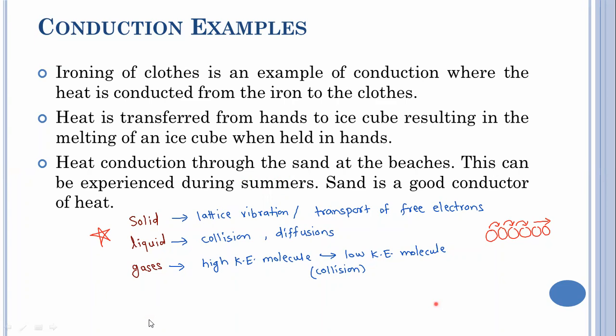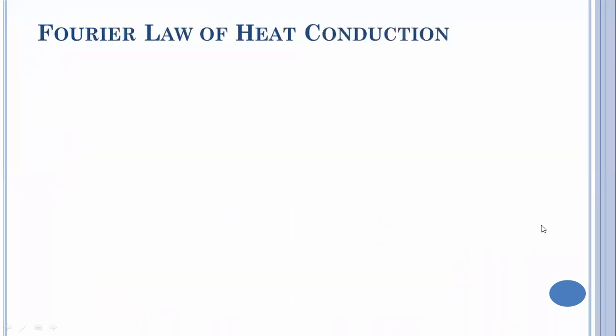These are the various examples of heat conduction. Now a very important law related to heat conduction is Fourier's law of heat conduction. Let us see what it says. Let's say you have a wall at a temperature T1.